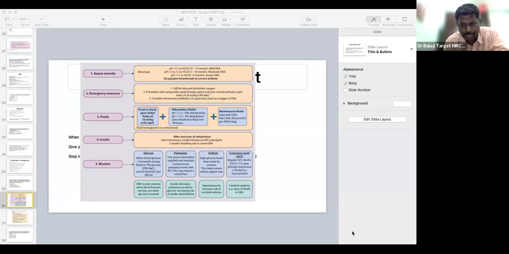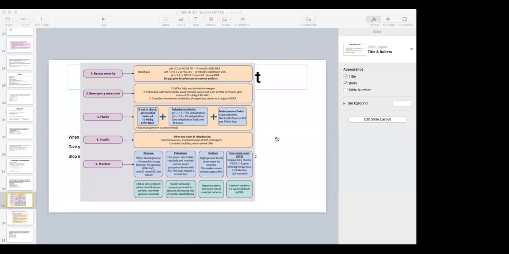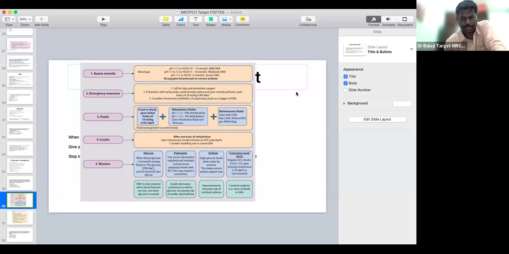So you're correcting a child with DKA, suddenly the sensorium is down. What two things should be in your mind? Cerebral edema, sir, because of too much fluid and too rapid correction. Yeah, cerebral edema should be in your mind.